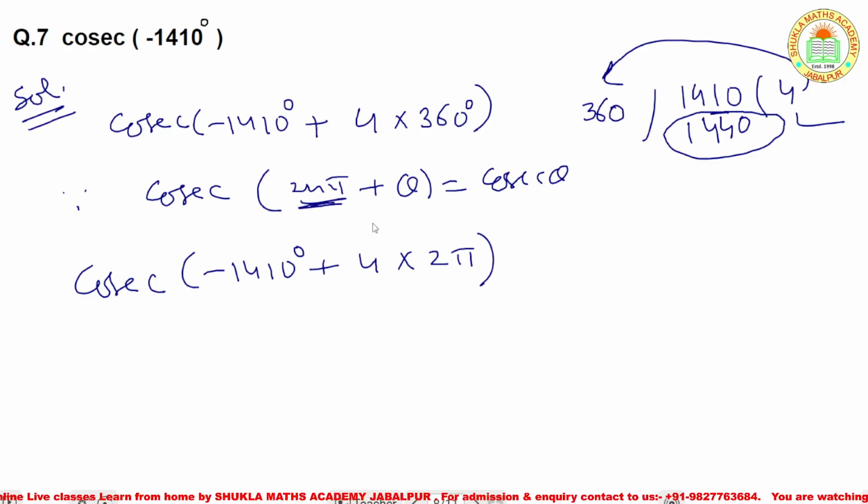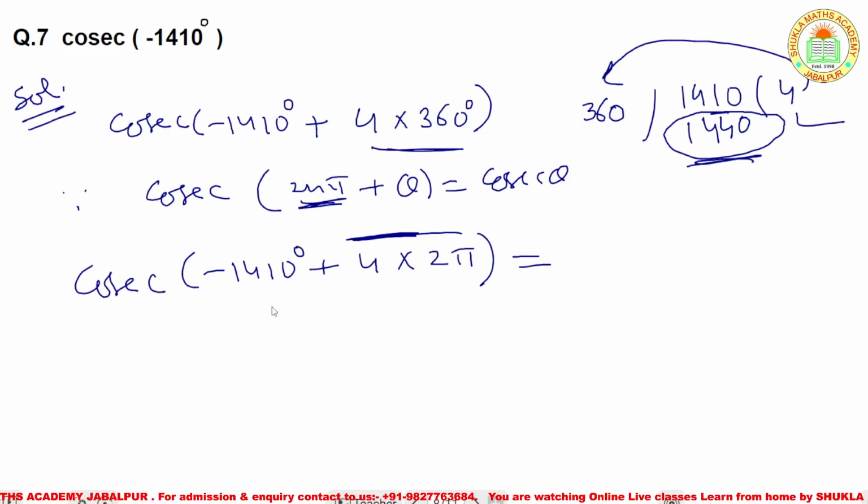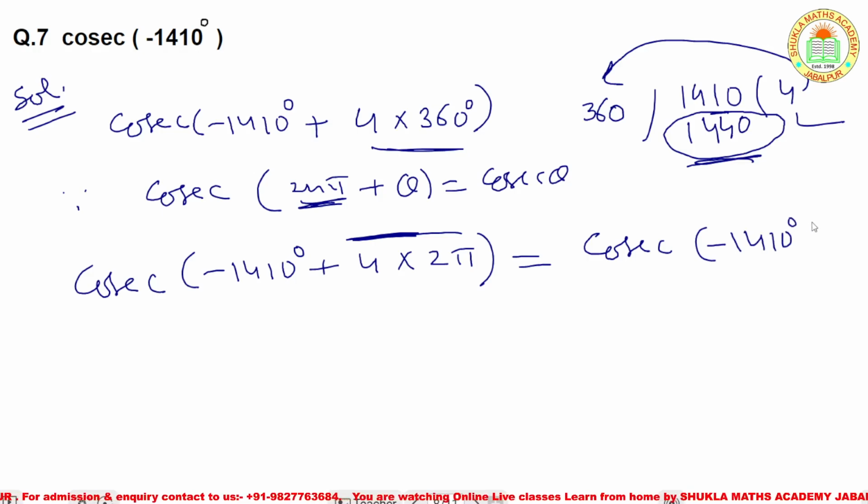So this is 2 n pi, our n is here 4, right? So I'm writing here the value in degree form. So this is cosec of minus 1410 degree and 4 into 2 pi. Write down the value of pi in degrees, 180 degrees. So 360 into 4, we get 1440 degree.